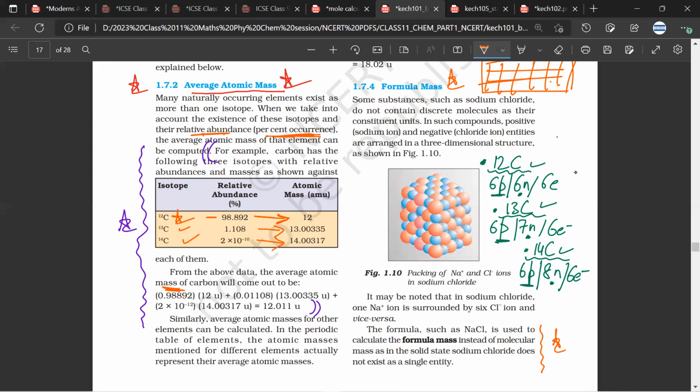Do you see this 98.892? This is this percentage, this is this percentage, and this is this percentage. So this is the average atomic mass of carbon, where the percentage abundance of the three flavors has been taken into consideration. Is it making sense?